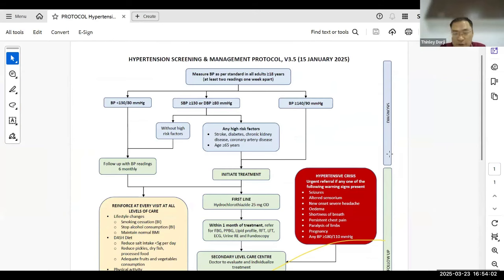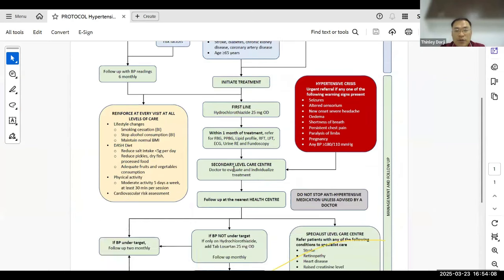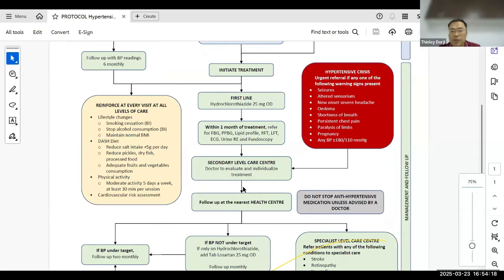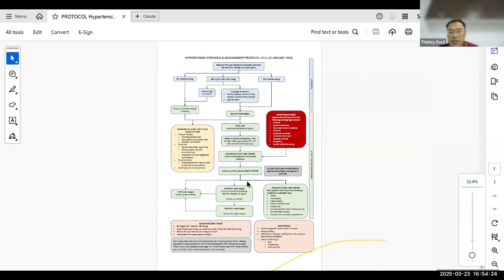What it does not cover is how exactly to individualize the patient. Do you want to add furosemide, or do you want to add metoprolol or carvedilol? These things will come in the form of a separate guideline. Right now, what we are doing is actually for the full continuum from diagnosis till the monitoring of complication.